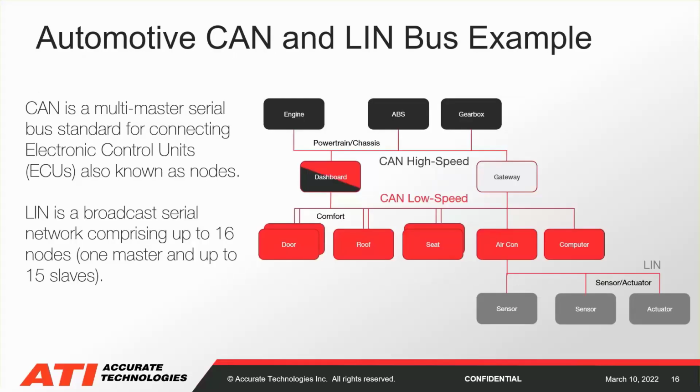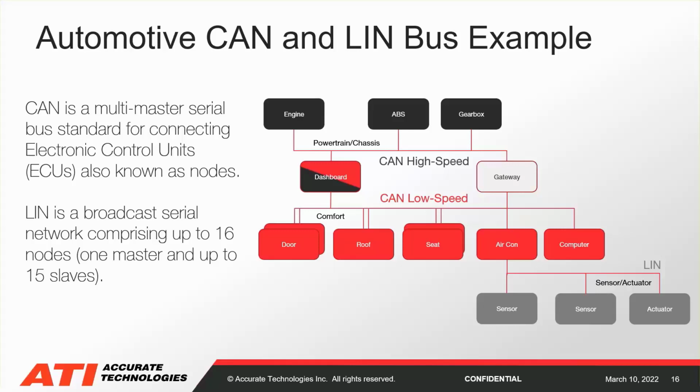So here we see an example of the CAN and LIN bus integrated into a single vehicle platform. Whereas we have the high-speed CAN bus operating engine, ABS, powertrain control systems, and then the low-speed handling more comfort amenities such as seats and air conditioning and door motors.